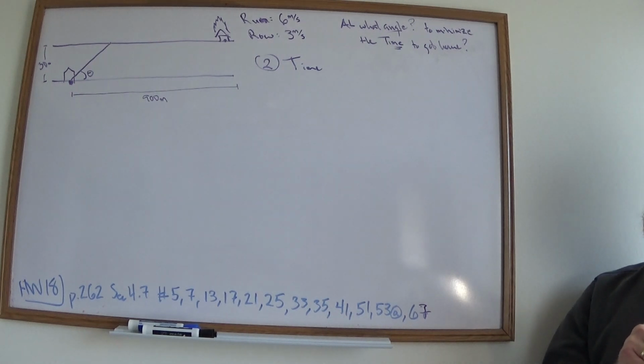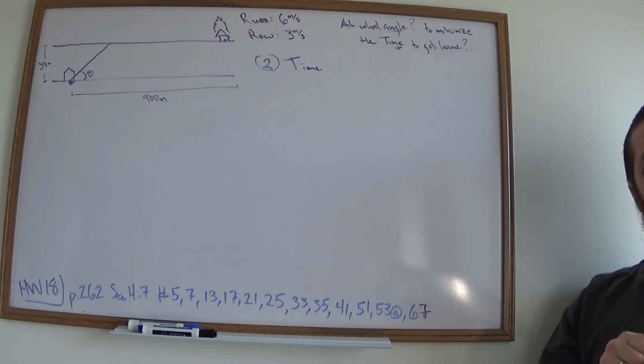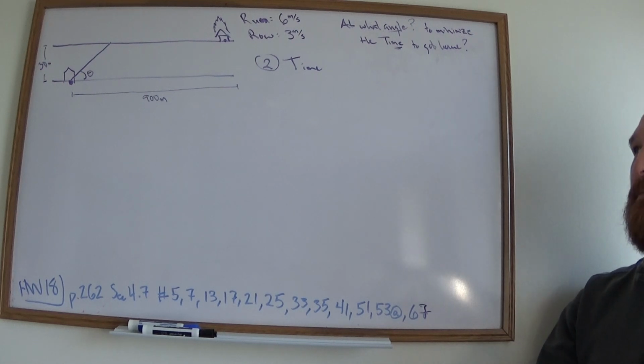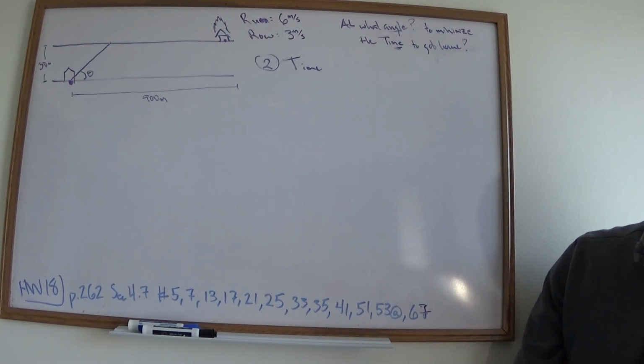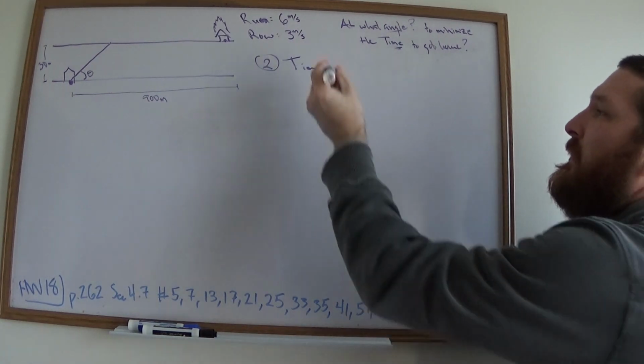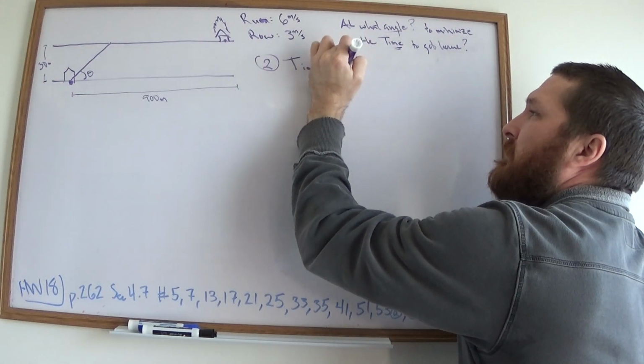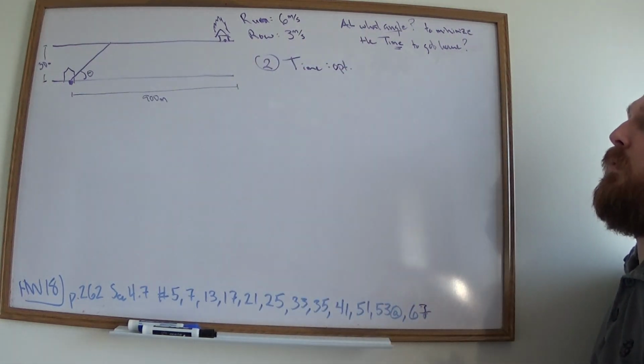Wait. Are we trying to optimize the angle? Are we trying to find the minimum angle? Yeah, optimize the time. We're just IDing the quantities now. We're not going to the next phase. So time is to be optimized. Time is the thing we want to optimize.